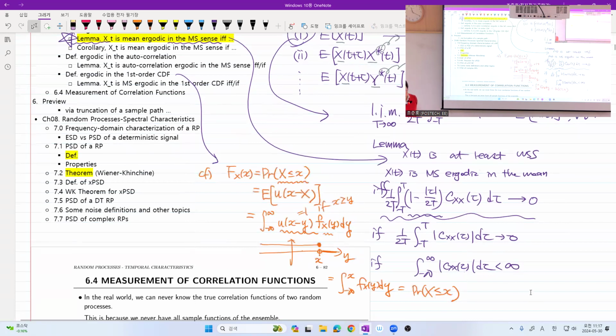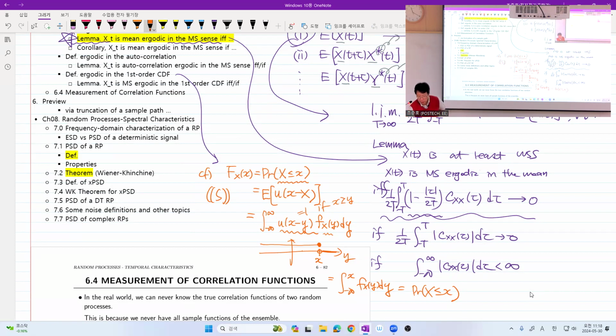So based on this kind of simplification, which you now have in your toolbox with visualization, we go back to this ergodicity in the first order CDF of the random process. So what do we have? Something like this. Instead of x, we just put X of t.